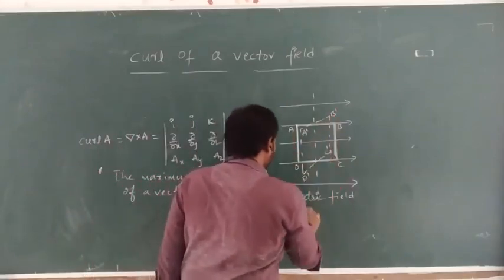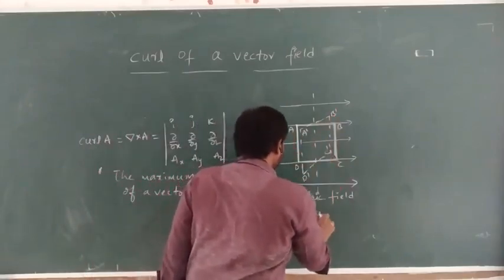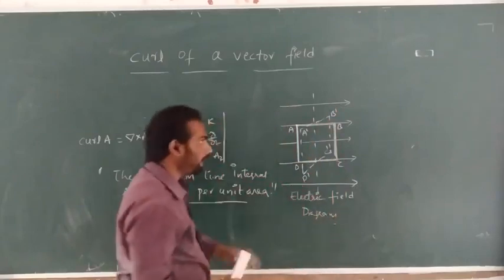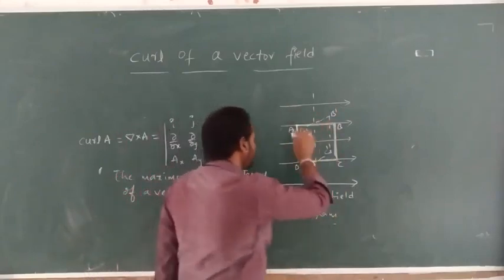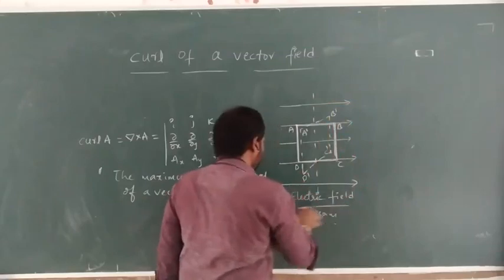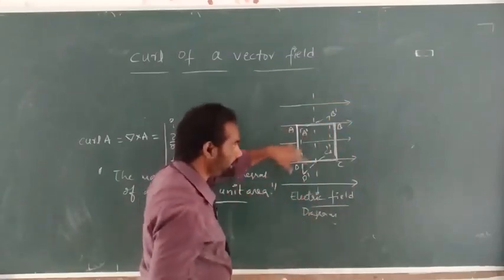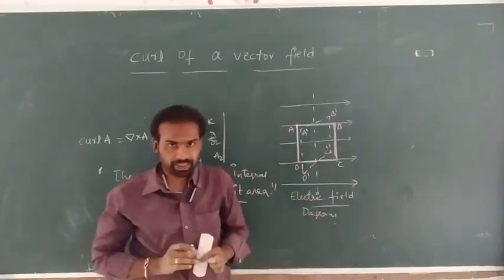We are taking one diagram here. The arrow lines represent the electric field. Electric field is a vector field.